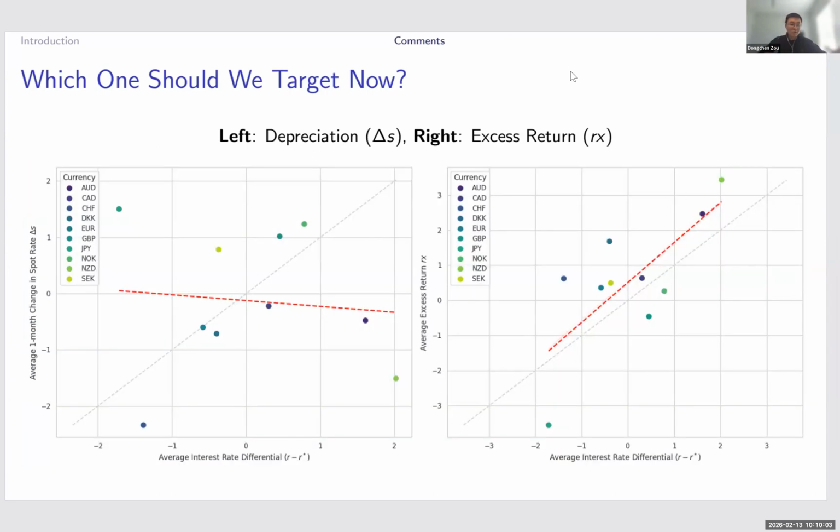Okay, so that means that if we are trying to update our models, we should get a new target, which is saying that most of this currency risk premium is coming from the excess interest rate differentials rather than the predictable currency depreciation.